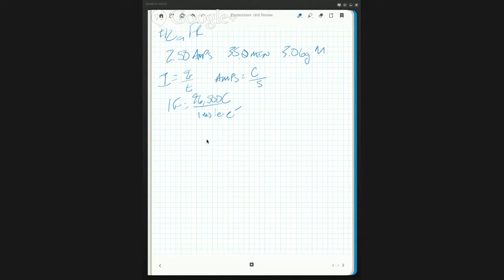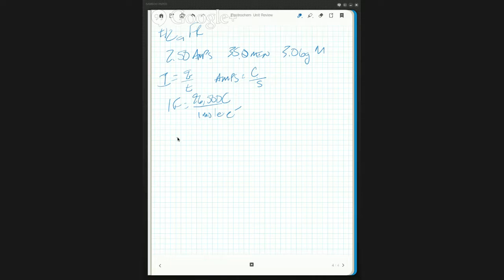So what we need to do is get this converted into moles as easily as possible. It looks like we can go to coulombs, and then take coulombs to moles of electrons.